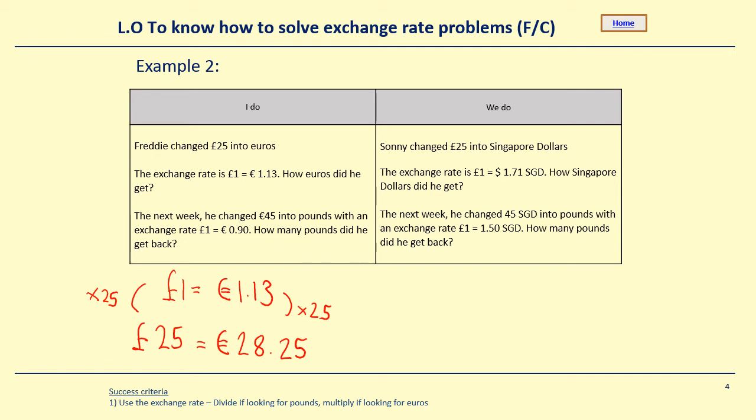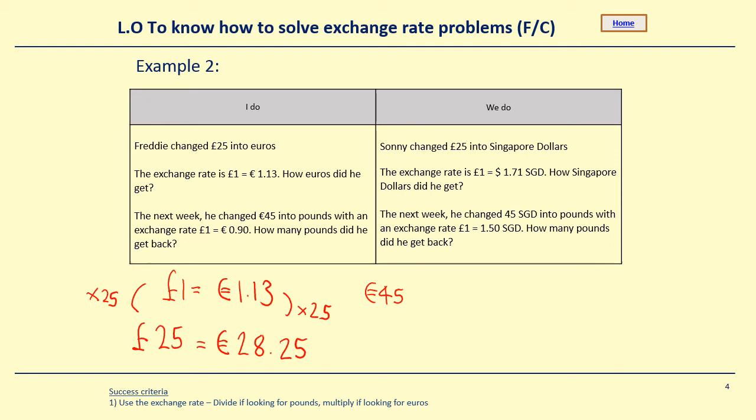It says the next week he changed 45 euros into pounds with an exchange rate £1 to 0.90 euros. How many pounds did he get back? So remember, this time we're looking for pounds, so remember this success criteria. Divide if looking for pounds, multiply if looking for euros. He's got 45 euros.